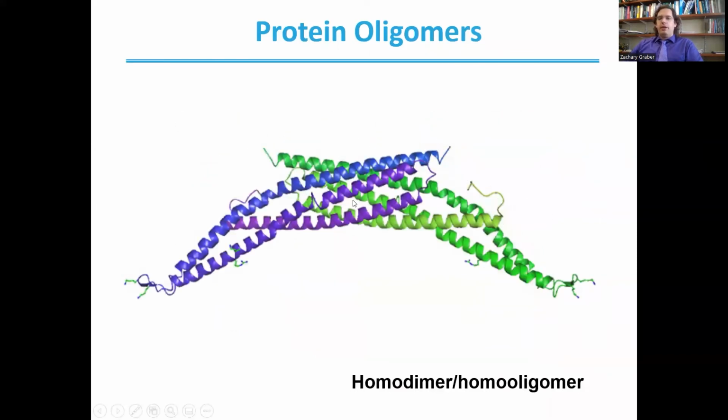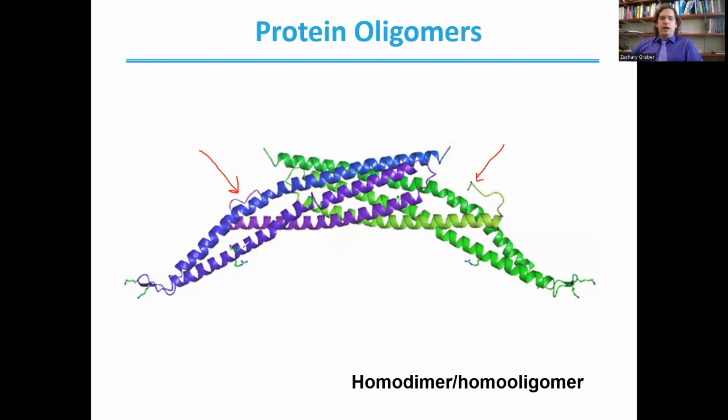So this protein shown here is a BAR domain protein. They're used to help create some of the interesting structures that we need as we are doing endocytosis in our cells and pulling in new materials from the outside of our cell. An individual BAR domain protein is marked here in purple and in green. And this is actually a homodimer.